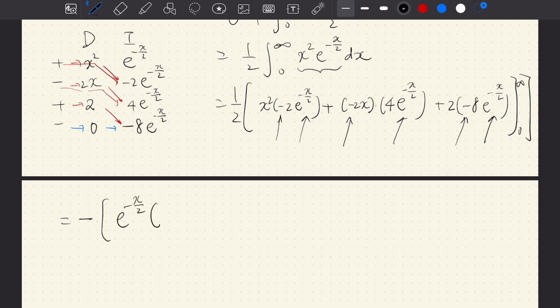So the thing left for the first term is 1/2 times 2 times x squared, right? And for the second term, we have taken the negative sign out, and we have taken the e to the negative x over 2 out. So it would be 1/2 times 4 times 2x, which is 4x. And for the third term, this is 1/2 times 16.